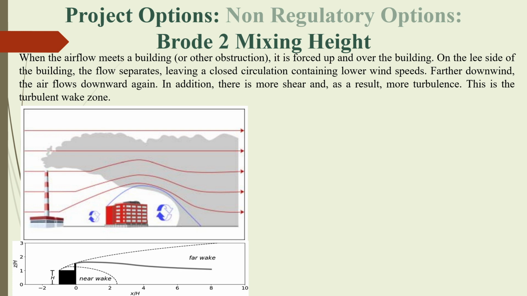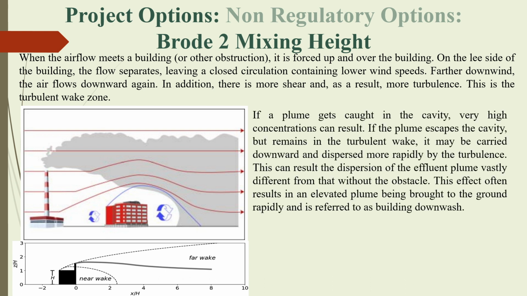Further downwind, the air flows downward again. In addition, there is more shear and as a result more turbulence. This is the turbulence wake zone. If a plume gets caught in the cavity, a very high concentration can result. This is the cavity.